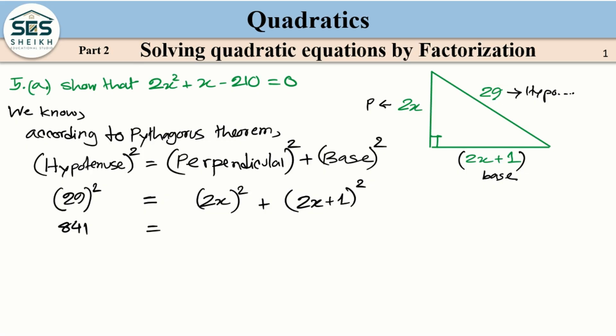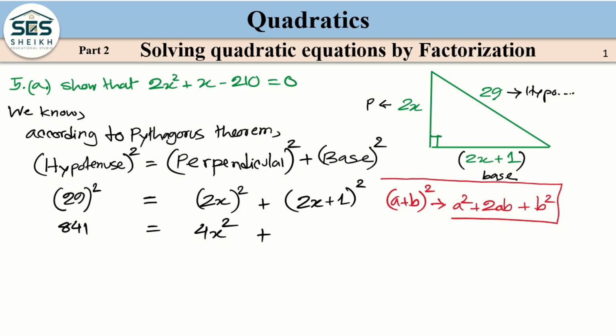841, and this one is 4x squared, and here we need to apply the formula, that is a plus b whole squared, which is a squared plus twice ab plus b squared. We need to use this formula here. So this one is our a and this one is our b.